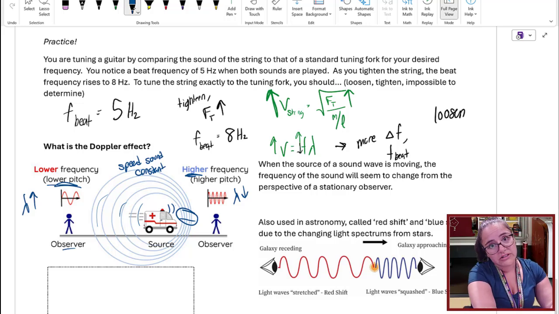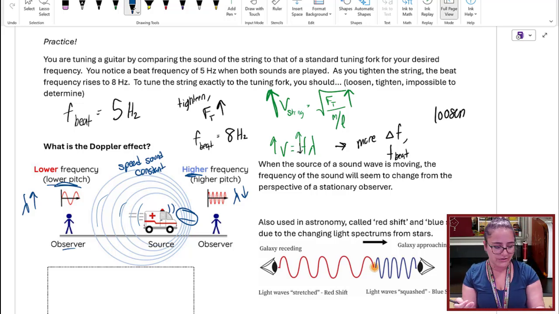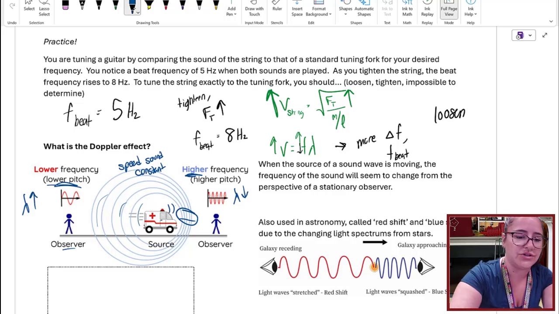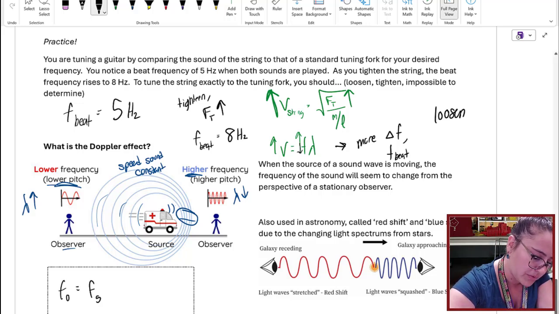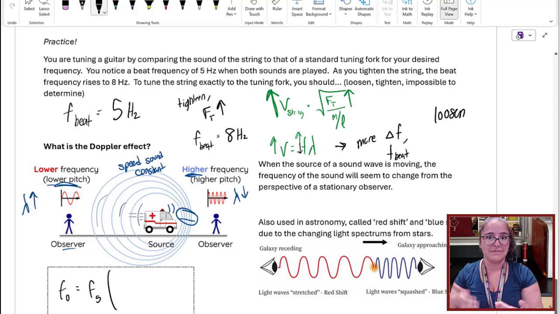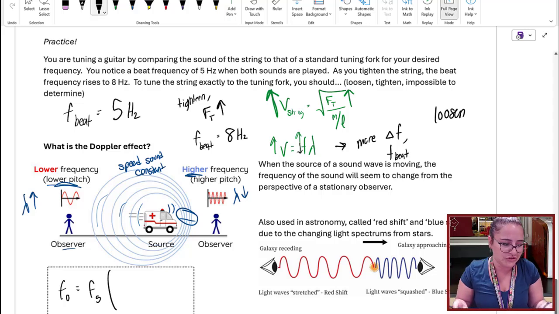Now, the AP Physics 2 curriculum does not require you to do the math of this, but I will go ahead and show it to you just so you know where it comes from. So the frequency of the observer here will equal the frequency of the source multiplied by the ratio of how much it changed.